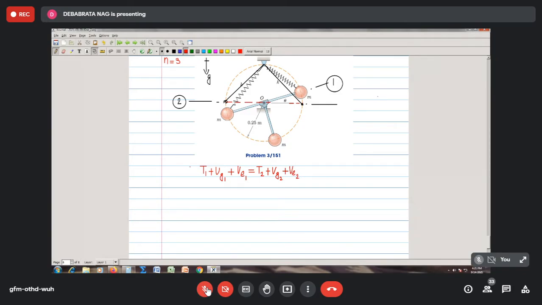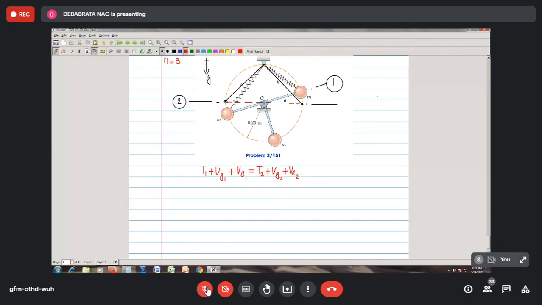Now, if you start by writing this equation directly, marks will be deducted, because you need to give the explanation of why this equation is true. These are some of the things which I do not write on the board every time, but I discuss them in the class. So you have to answer in this manner. Everything you need to justify in one or two sentences, not more than that. So this is what we can start with.